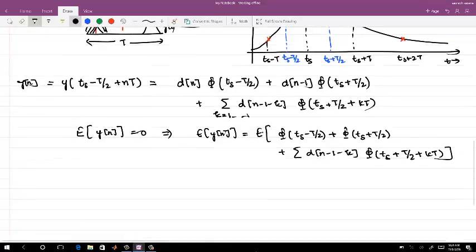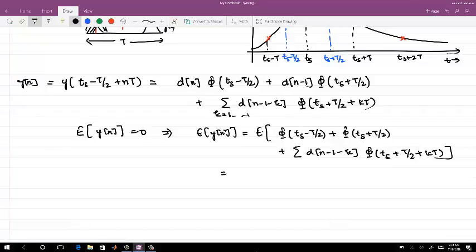Okay, now consider both the cases. There is no randomness as such in this, right? The only random part in this variable is this d of n minus 1 minus k. And for an equiprobable transmission of bits, d of n minus 1 minus k can be plus or minus 1 with an equal probability of half. So that mean goes to 0.